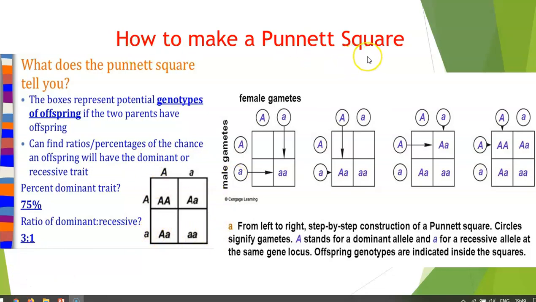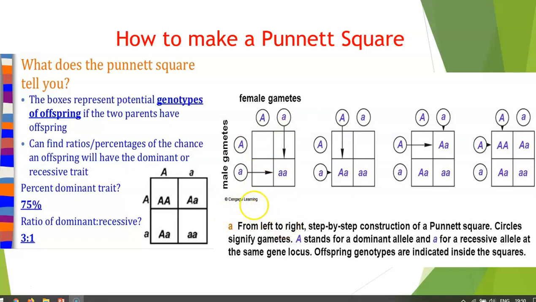How to make a Punnett square? Form a grid first. From left to right, step by step construction of a Punnett square is shown in this particular diagram. The circles signify the gametes here. A stands for the dominant allele, that's a capital A here, and you have the small a for the recessive allele at the same gene locus.